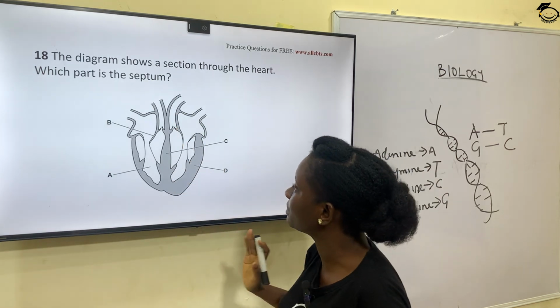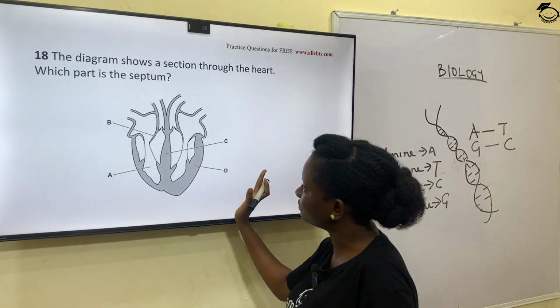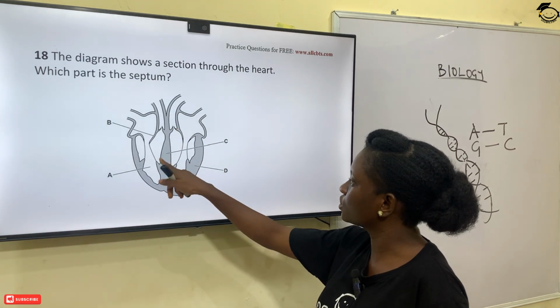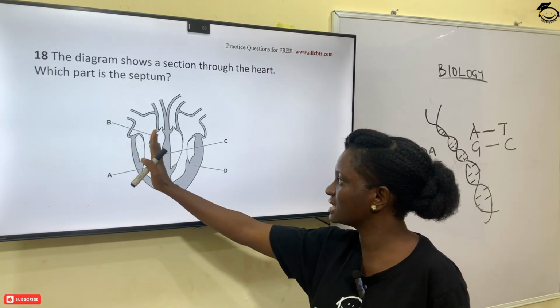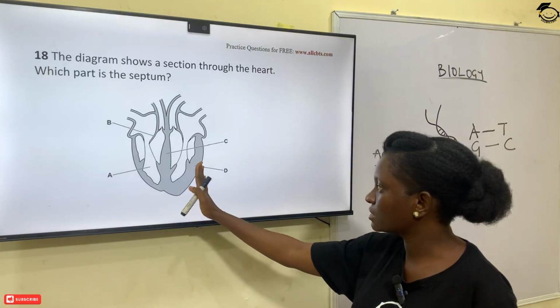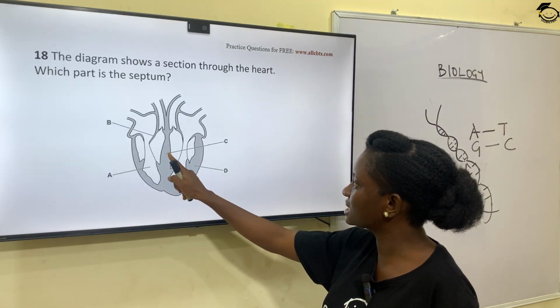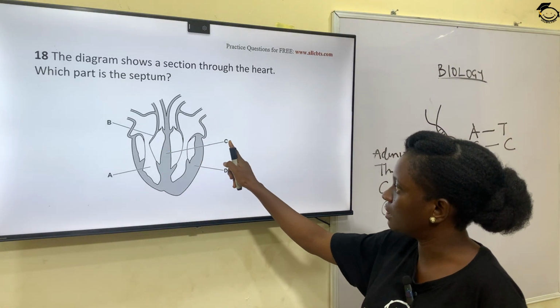So which of these separates the left side and the right side of the heart? We see that it is C from here. This is the gap that separates this side from the other part of the heart. So that means C is the septum.